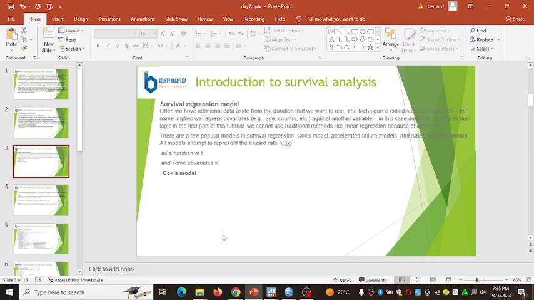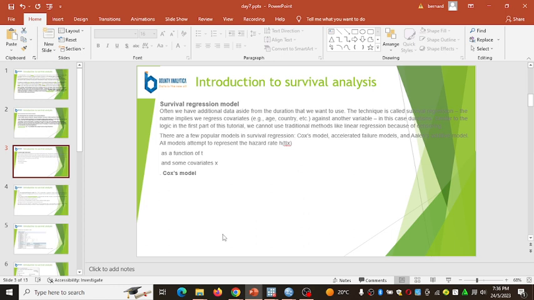They help us understand the relationship between the predictor variables and the time until the event occurs. These models are basically used in medical research, for example, social sciences and other fields.